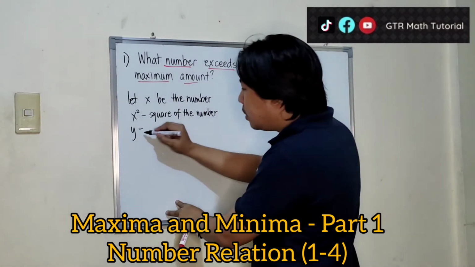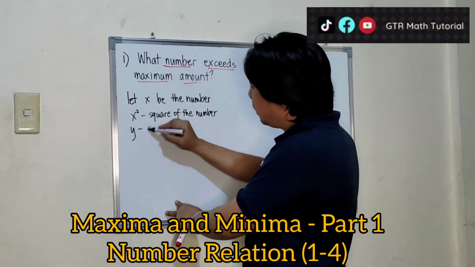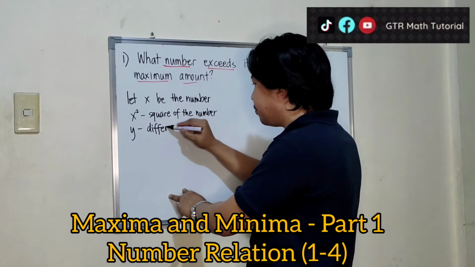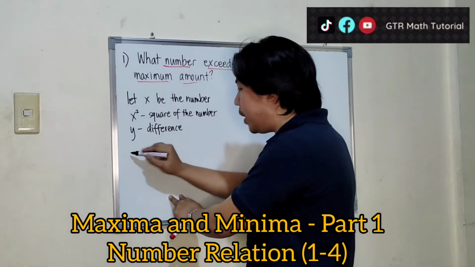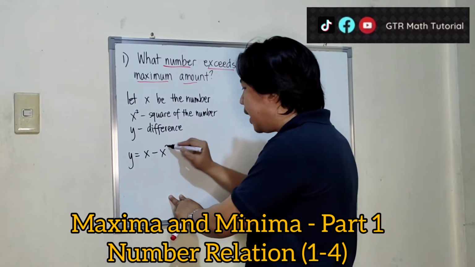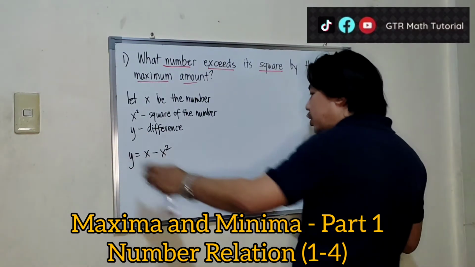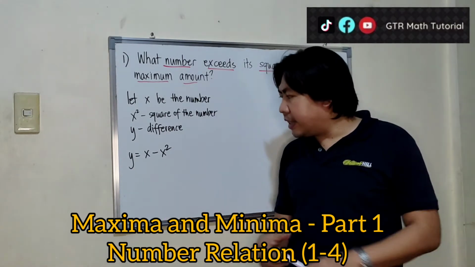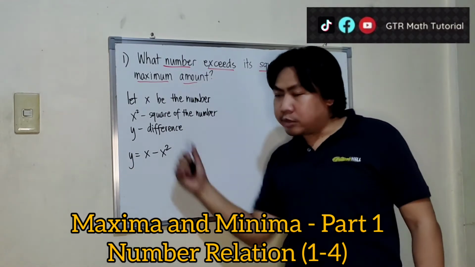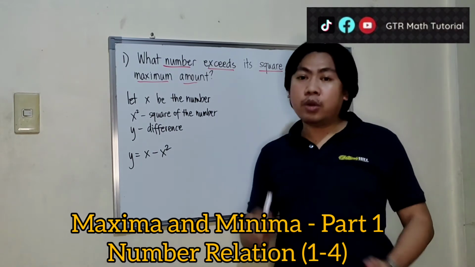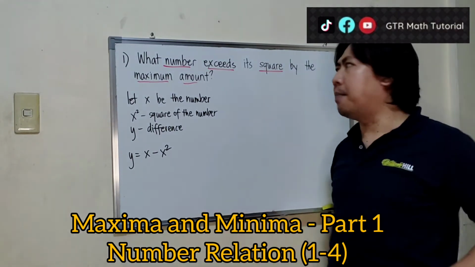So let y be the difference of the two numbers. Therefore, our equation will be y is equal to x minus x squared. So y is already in terms of x, so we have only one equation in this example.